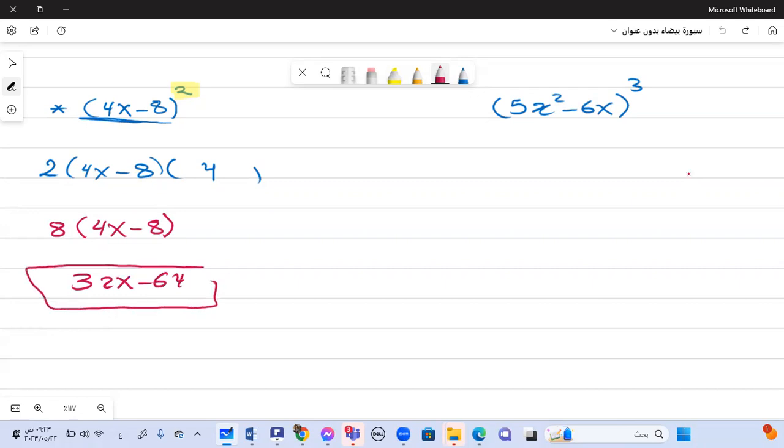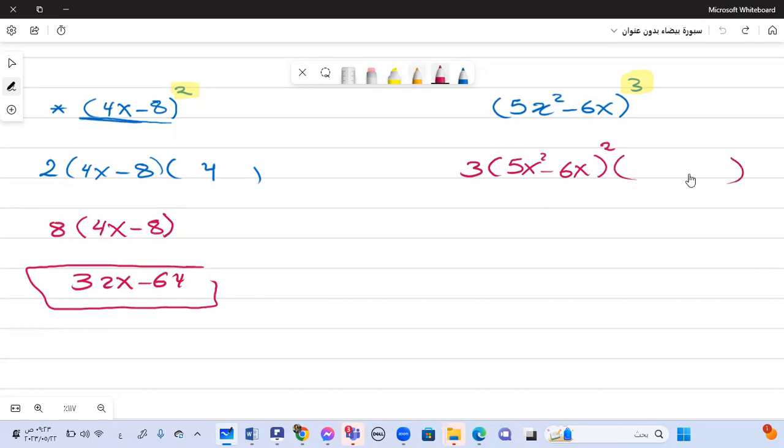I will solve this exercise with you. How can you find the derivative for this function? If we have a bracket with power, we should drop and subtract. So we drop the power 3, and 5x squared minus 6x. Subtract from the power, 3 minus 1 will be 2, and the derivative of the inside.